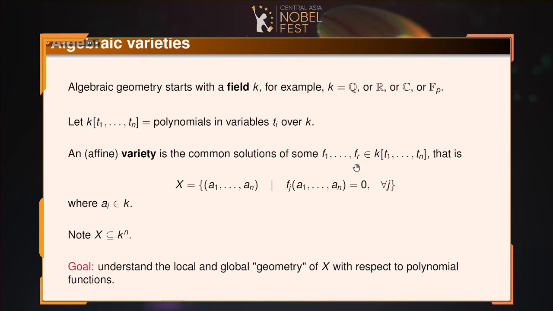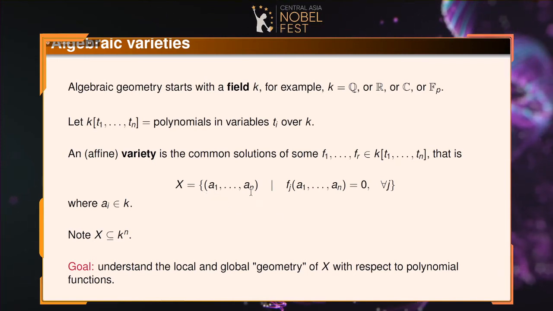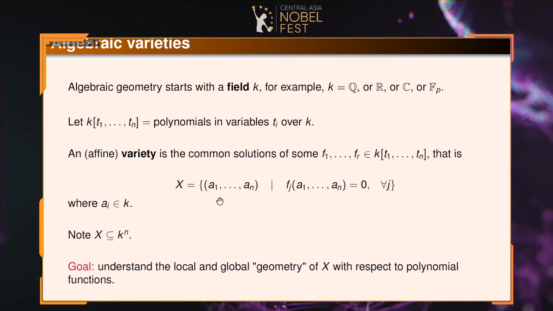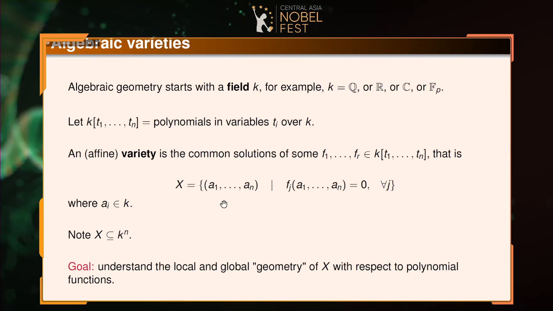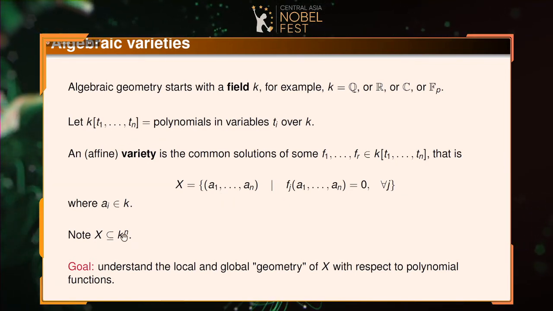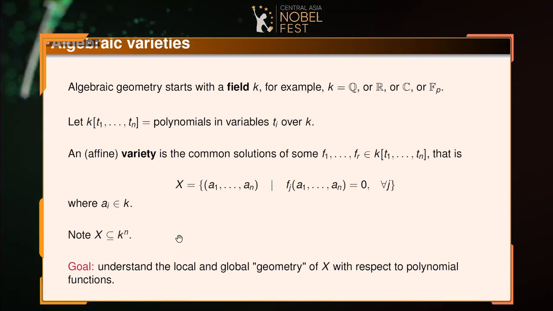It doesn't really matter, it's the same as if you just take finitely many polynomials. You look at all the solutions of this system of polynomials, and the solutions can be considered as points inside k to the n, this n-dimensional space over our field. So it depends on what kind of field we are working on.